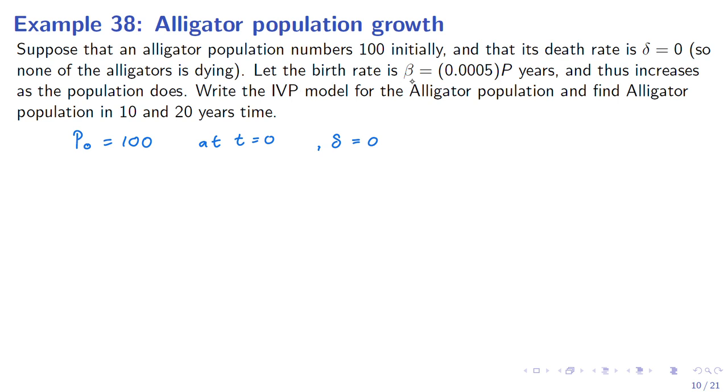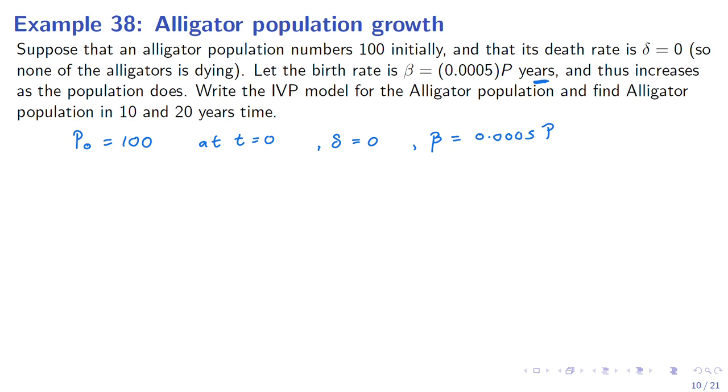Let the birth rate be proportional to the population, so beta is 0.0005, a very, very small amount, but still it's growing per year, and they are in years, and thus increases as the population does. Write down the initial value problem for the alligator population and find out the population in 10 and 20 years.